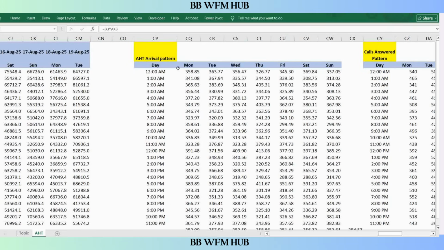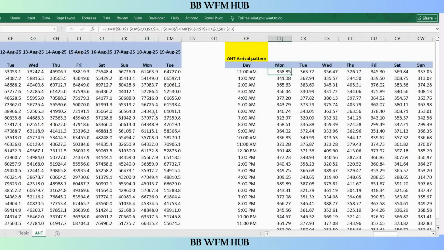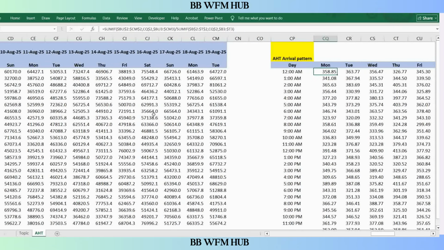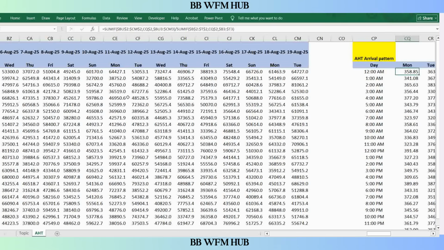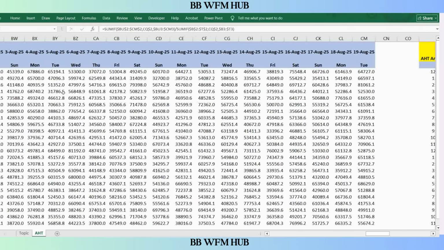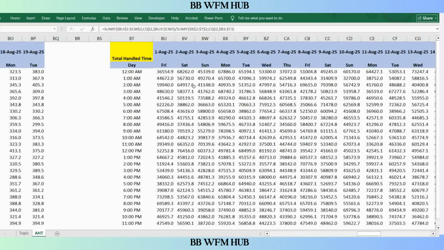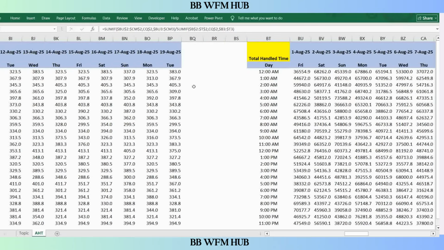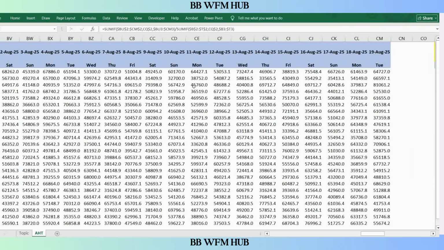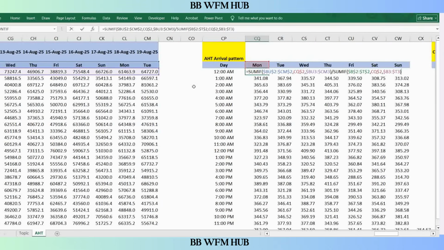Now we need to calculate the AHT arrival pattern. For the AHT arrival pattern, we are doing the SUMIF here.